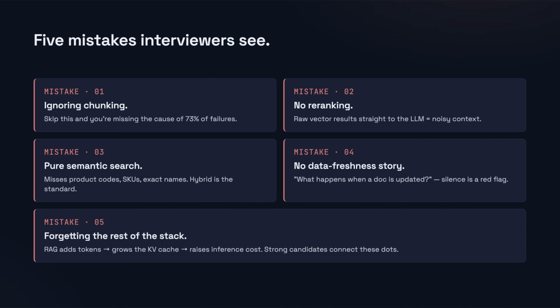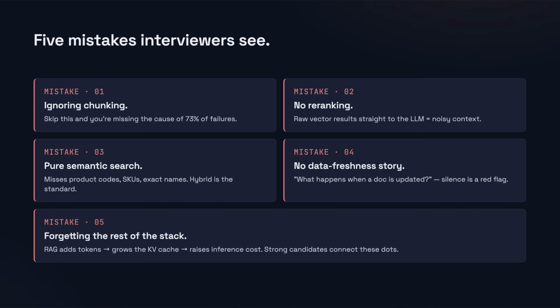Third, not discussing hybrid search. Pure semantic search has well-known blind spots for exact matches. Fourth, forgetting about data freshness. If the interviewer asks what happens when a document is updated and you do not have an answer, that is a red flag. And fifth, not mentioning the connection between RAG and the rest of the serving infrastructure.